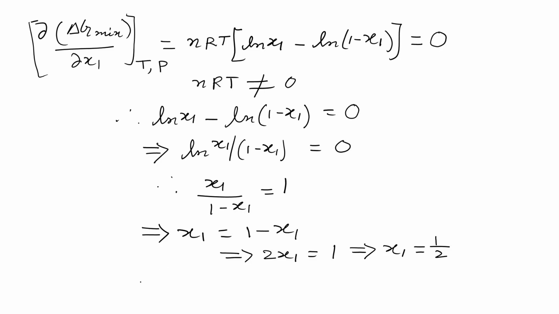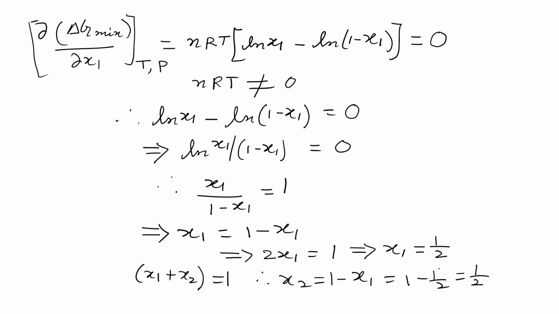Okay. Again, x1 plus x2 is equal to 1. Therefore, x2 will be equal to 1 minus x1, which is equal to 1 minus half, which is half. So this delta G mixing is minimum or maximum when x1 and x2 values are half and half. That means when x1 is to x2 is 1 is to 1.